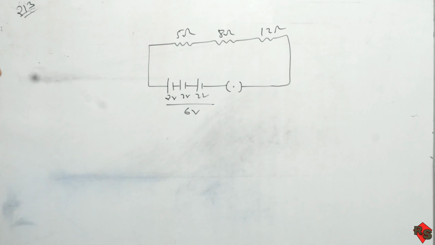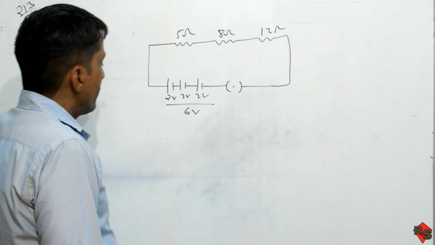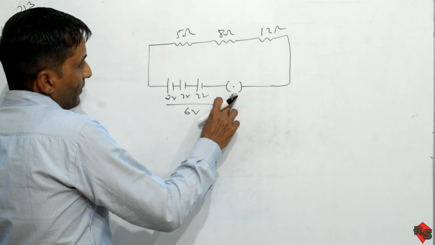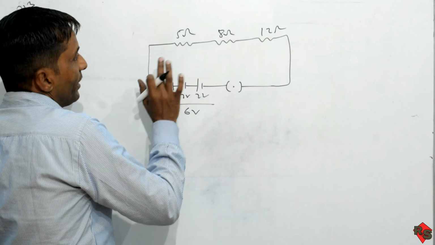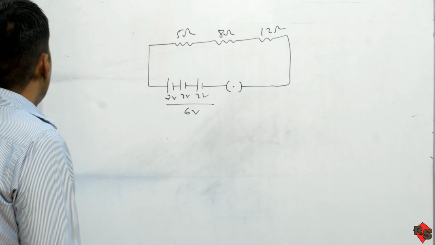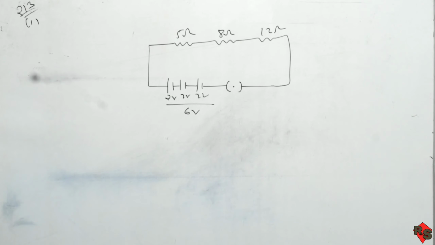This is the answer. You draw the circuit where 3 cells each of 2 volts, a key and 3 resistors of 5 ohm, 8 ohm and 12 ohm are in series. That is question number 1 of page 213.